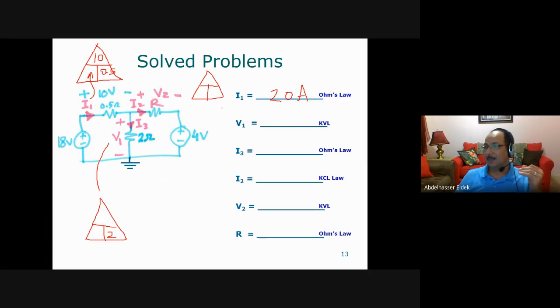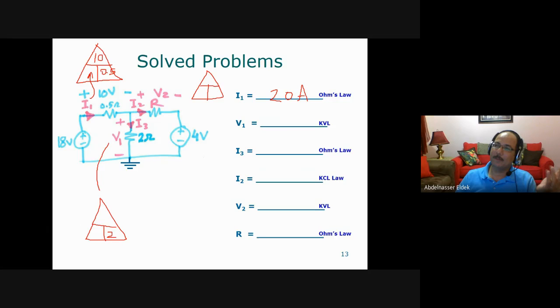Let's see. Okay, is anything given? Yes. For example, you can use Kirchhoff's law. I want to calculate V1 now, because I cannot use Ohm's law. So how can I calculate V1?